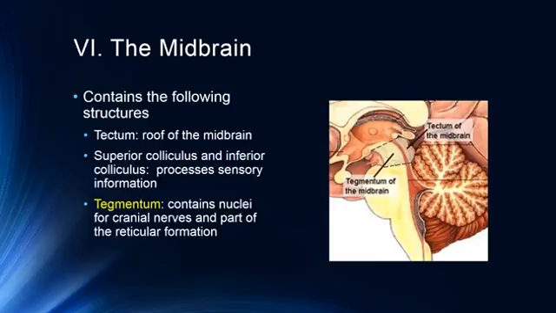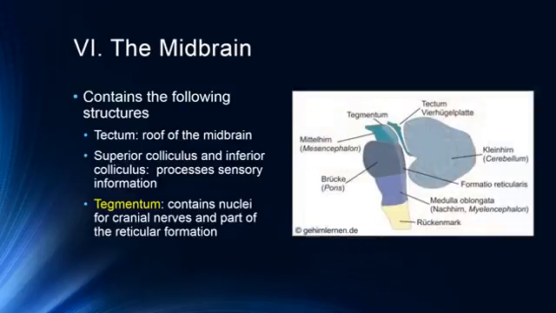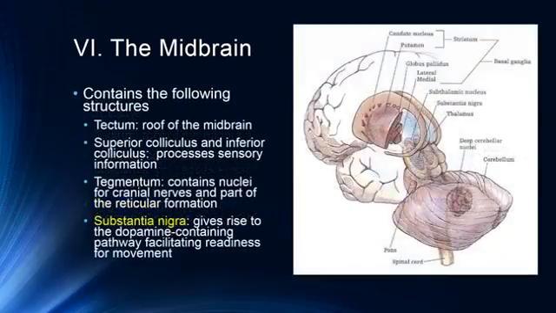So that's right there at the top of the pons, located there atop the brainstem. So you can see here you have the medulla, the pons, the tegmentum, and the tectum, all shown in this diagram. The final part of the midbrain includes the substantia nigra, which you can see located right here.